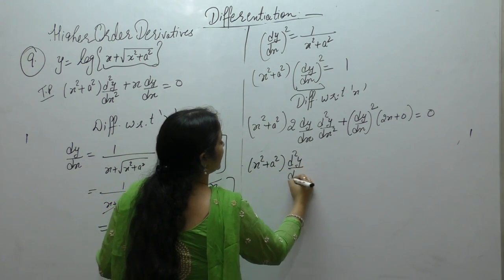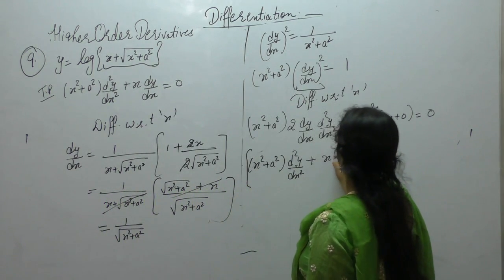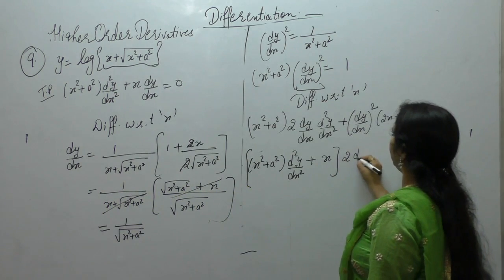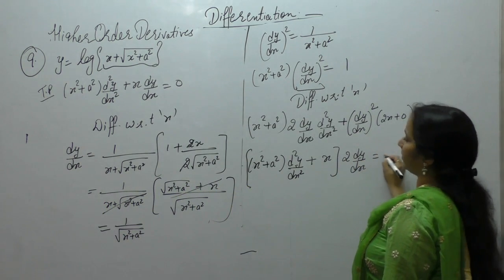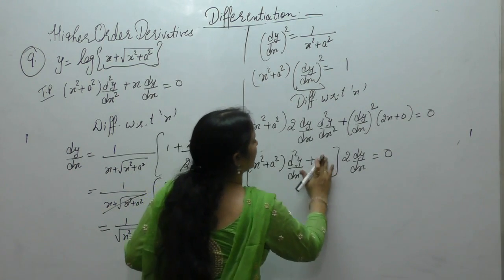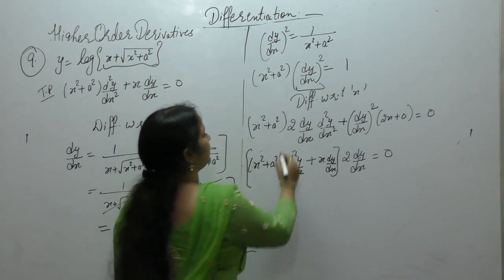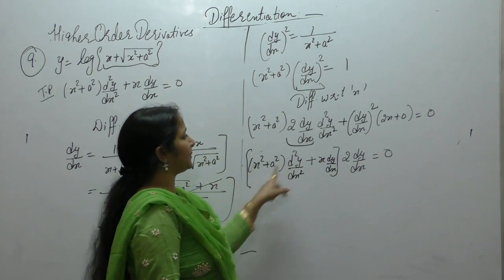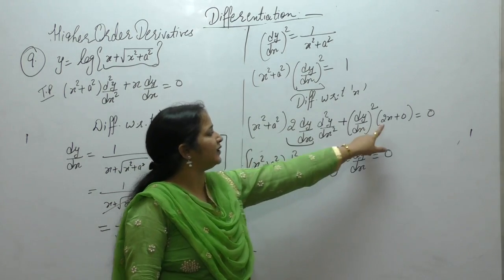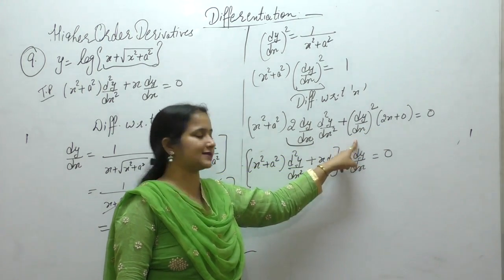d square y upon dx square plus x. We have taken 2 dy upon dx common here. Clear? 2 dy upon dx common here. So here we are left with this term. 2 dy upon dx common, x square plus a square, second order derivative. 2 common, here we are left with x. 1 dy upon dx is common.